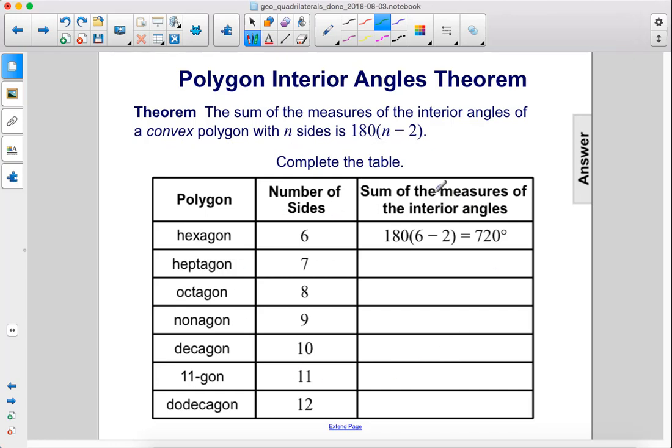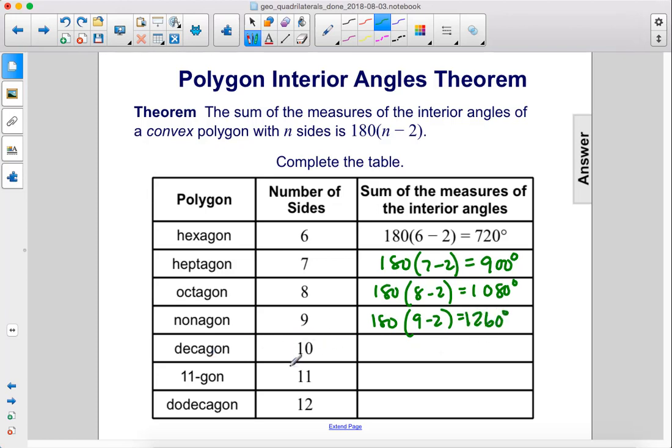Let's complete the table. So if we have a heptagon with 7 sides, that would be 180 times 7 minus 2, which is 900 degrees. An octagon with 8 sides would be 180 times 8 minus 2, which equals 1080 degrees. A nonagon with 9 sides would be 180 times 9 minus 2, which is 1260.